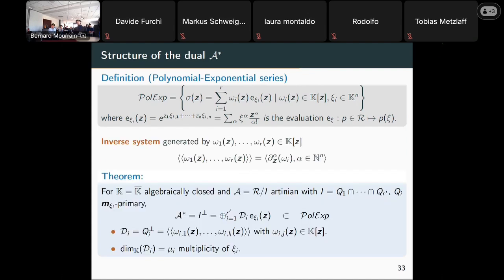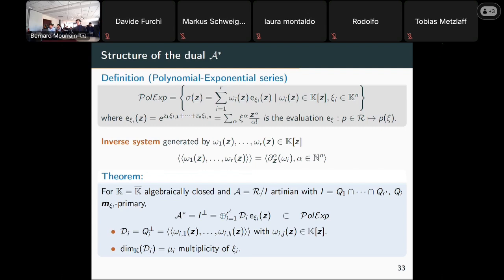We call the inverse system the space spanned by the polynomials omega i and all derivatives of these polynomials, so any partial alpha with respect to V, and any index.